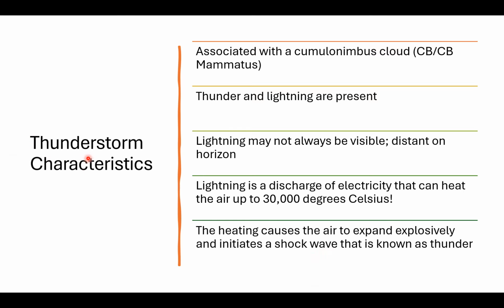And by the way, you can basically determine how far away a lightning strike is by watching the lightning flash and then counting the number of seconds between the lightning flash and the clap of thunder. Let me get this right.